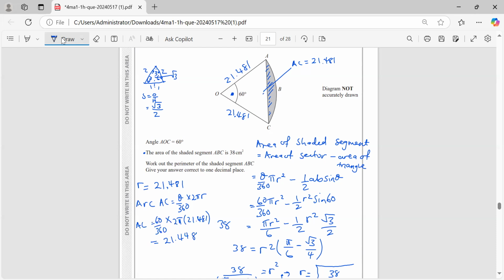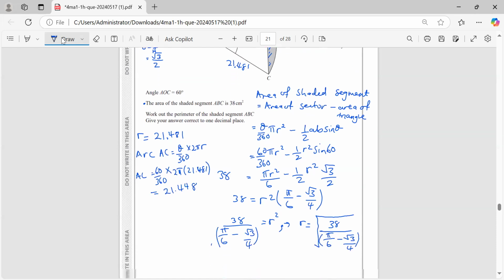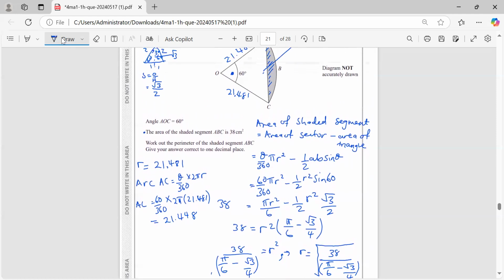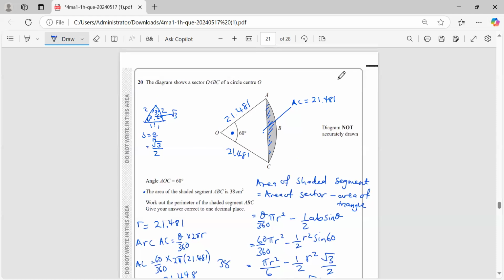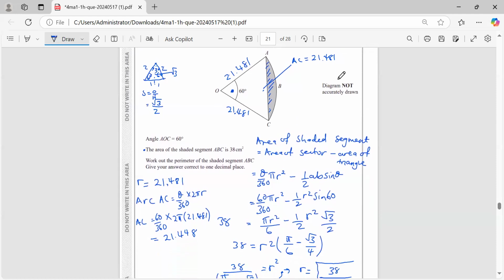All right. So after you get that 21.448, because you actually want to find the perimeter of the shaded segment ABC, it's going to be the 21.481, which is AC, plus the arc AC.